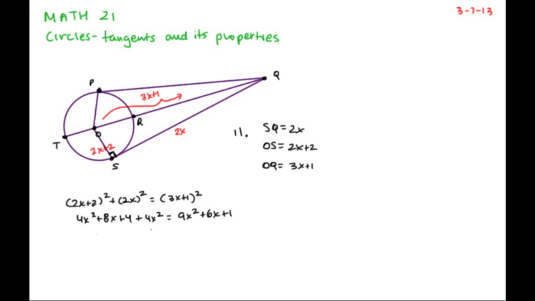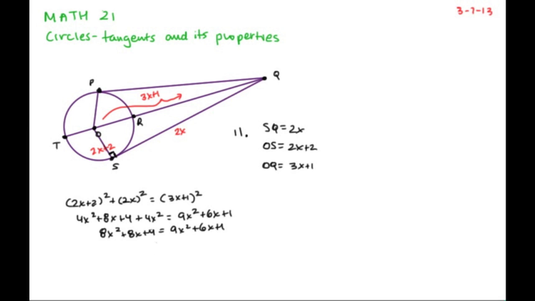So let's just combine some terms here. 8x squared plus 8x plus 4, and that's equal to 9x squared plus 6x plus 1.